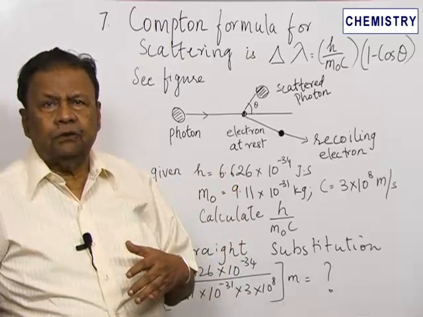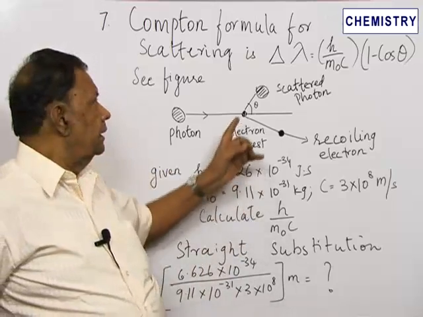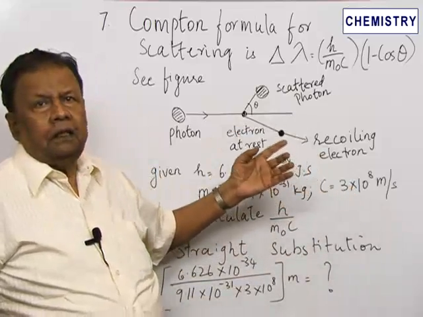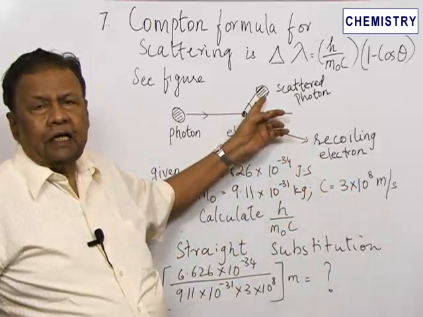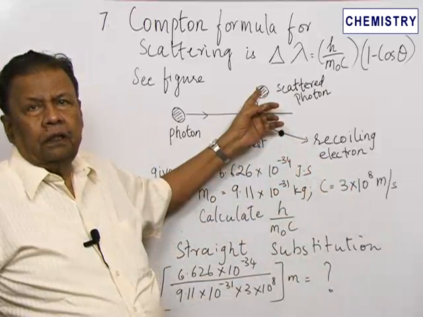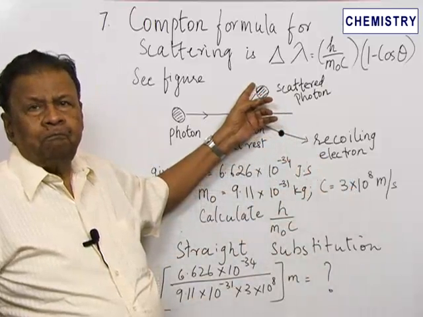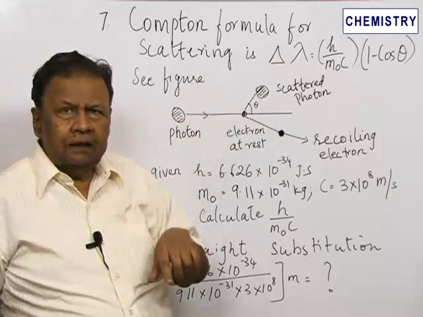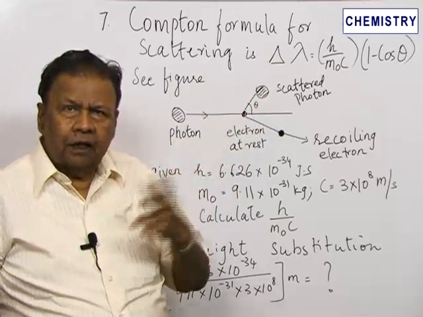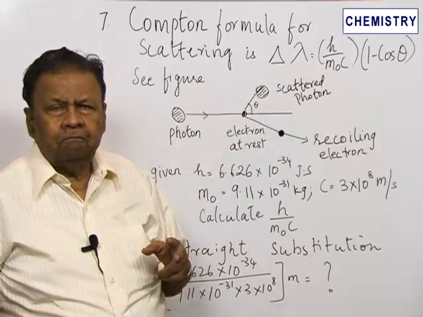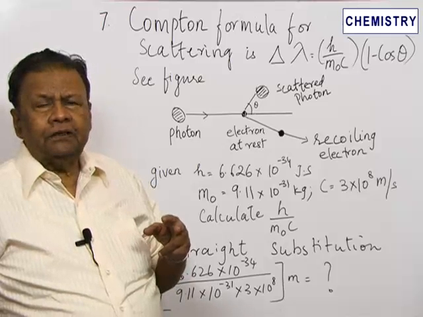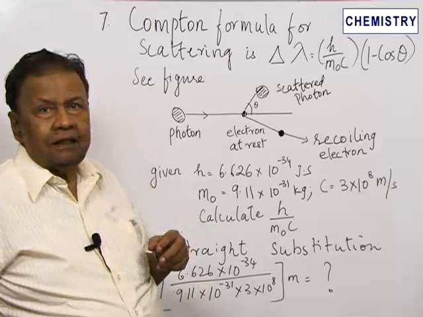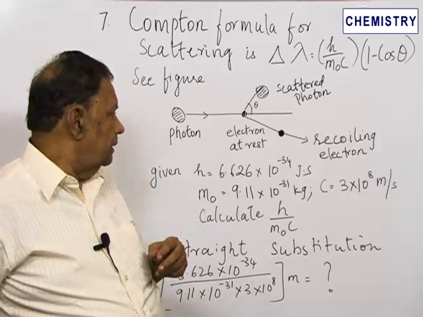Therefore, it's very easy to understand that the scattered photon has a different wavelength. If the wavelength of the scattered photon is lambda 2 and that of the incident photon is lambda 1, lambda 2 will now be greater than lambda 1, and the difference lambda 2 minus lambda 1 is called the delta lambda, change in wavelength.